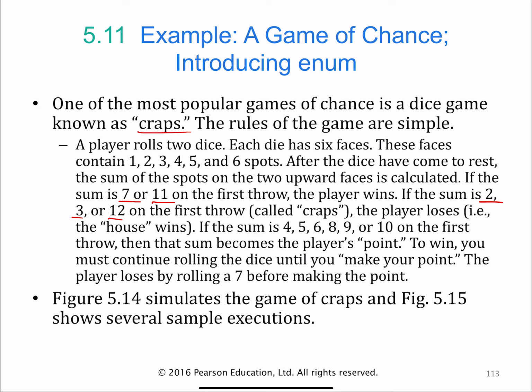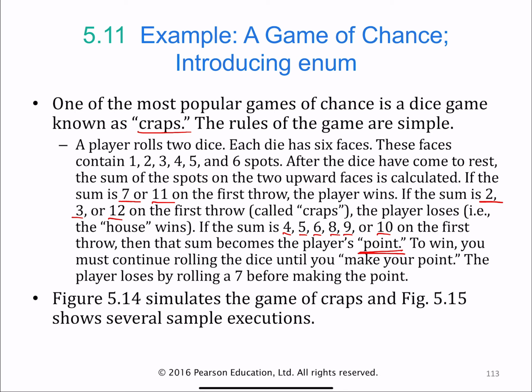If you get anything else, meaning the sum is 4, 5, 6, 8, 9, or 10, then the game continues. And whatever number you got in that case becomes your point, okay?